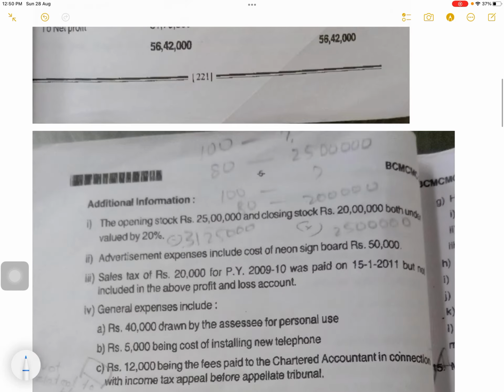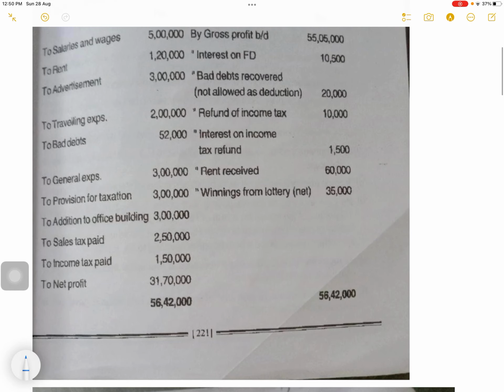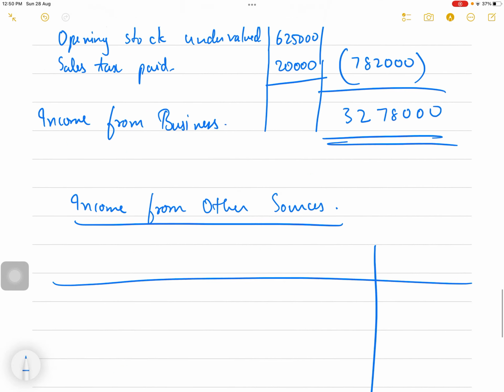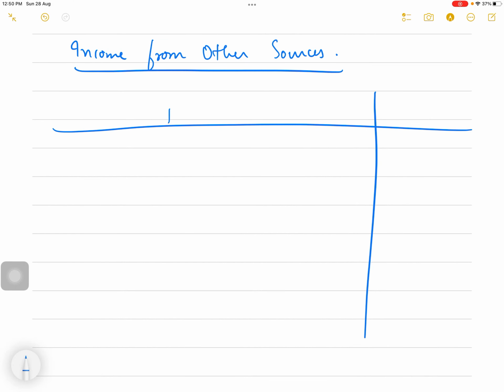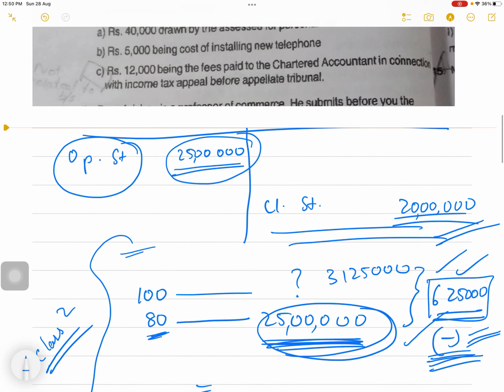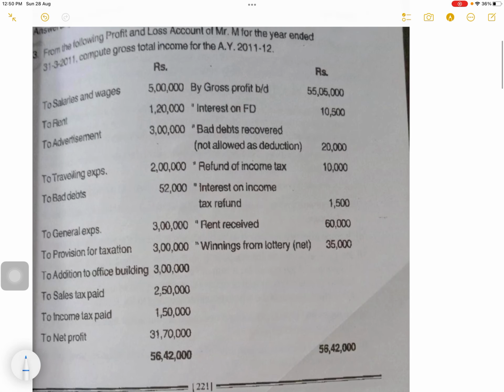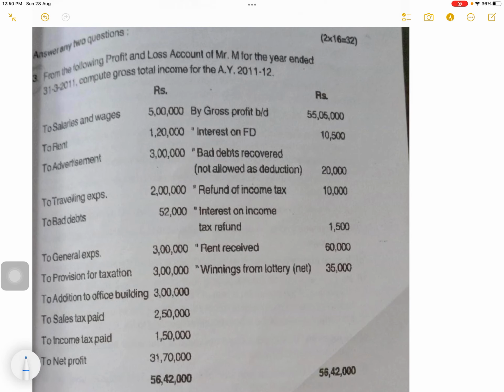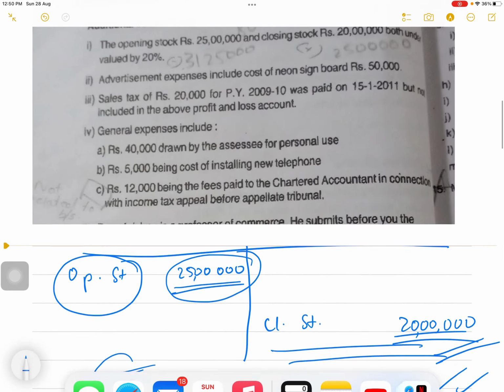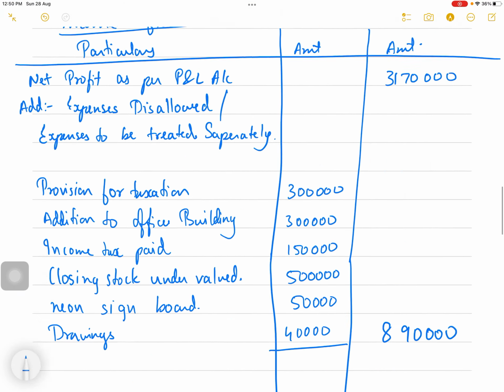First one was interest on FD 10,500. Next, interest on income tax refund 1,500.